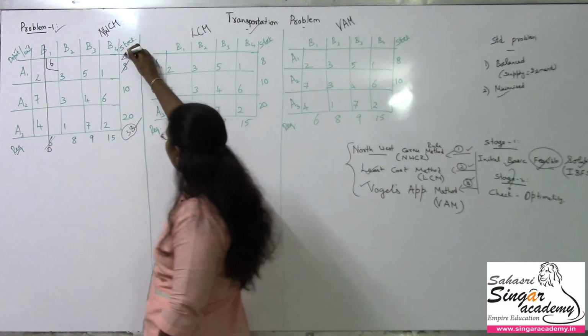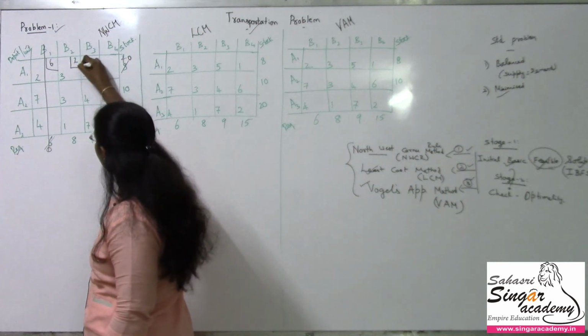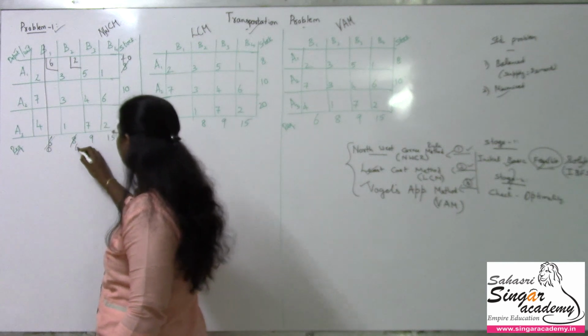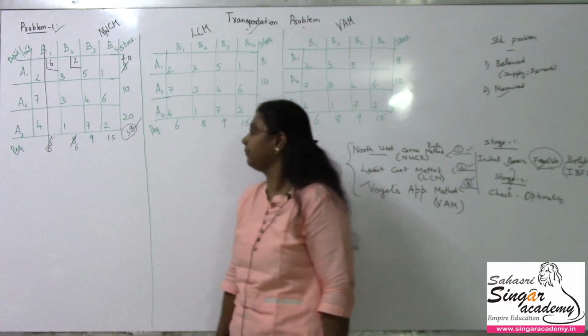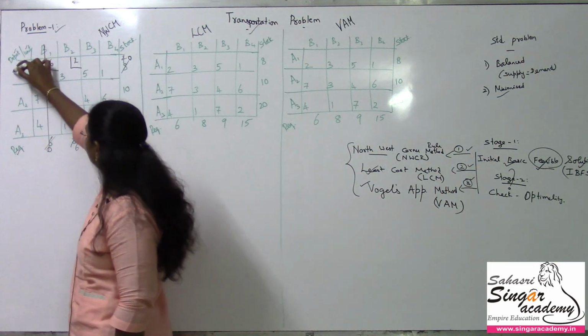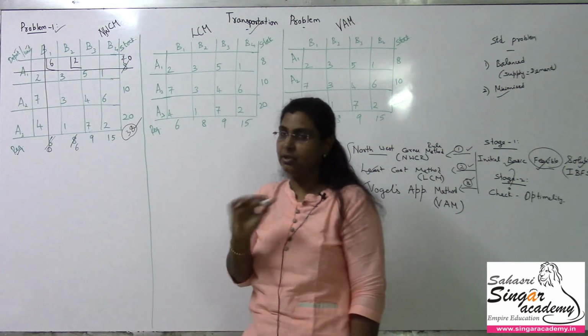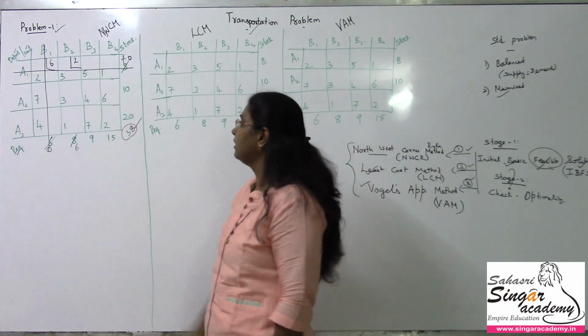So 2 units will be allocated here, so this becomes 0. And now this becomes 6, right? Fine. So we can strike off A1, which means that A1 has no stock in hand hereafter. 0 stock. That's why I got 0 here, right?